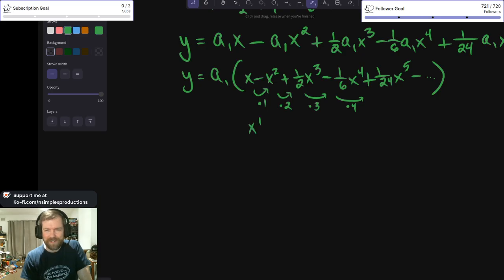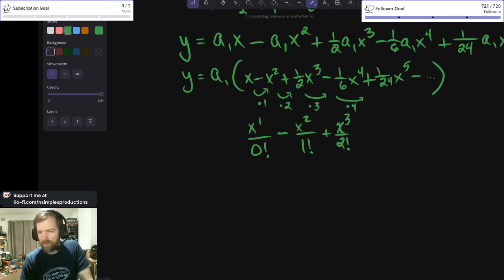Alright, x to the first over 0 factorial minus x to the second over 1 factorial. I was trying to think of numbers for x to the third, I don't even know, I was trying to think of polynomials maybe. Minus x to the fourth over 3 factorial plus x to the fifth over 4 factorial minus dot dot dot. And then a sub 1 times all that.